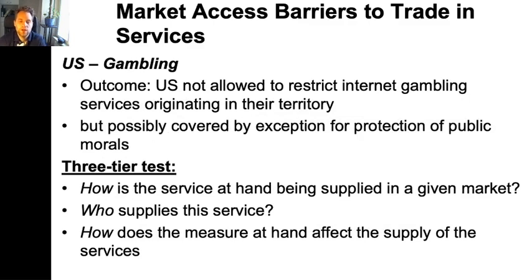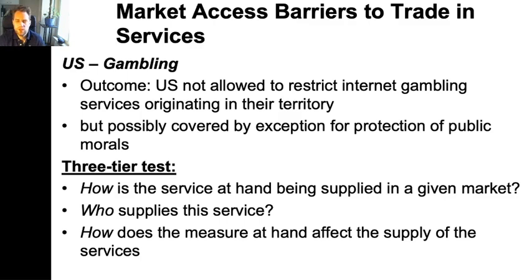And then the big question at the end of the day was that the US was not allowed to restrict internet gambling services originating in its territory. However, the other question was, even if the US was not allowed to do that because of the way it has opened its market, whether it could nevertheless refer to public morals.